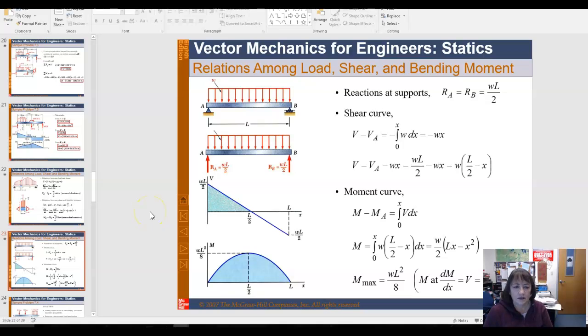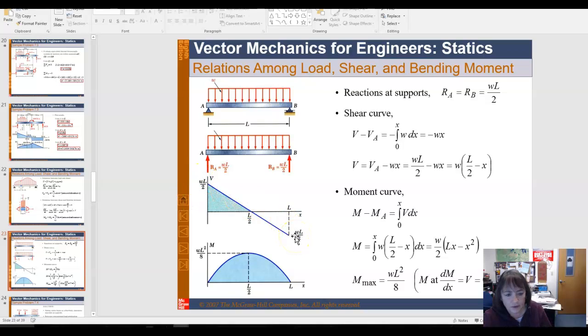So we can take a look at our reactions here. This is just the relationship thing again, and we're only doing slides 22 to 29 on this, and then that will be the end of our discussion. If you have some kind of a w, where we know the reactions at A and B, you can see that the shear curve, that V, is actually a straight line, right?